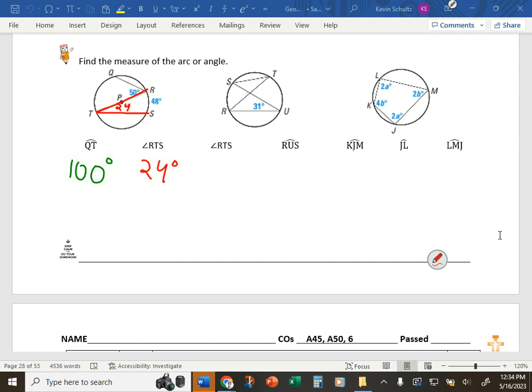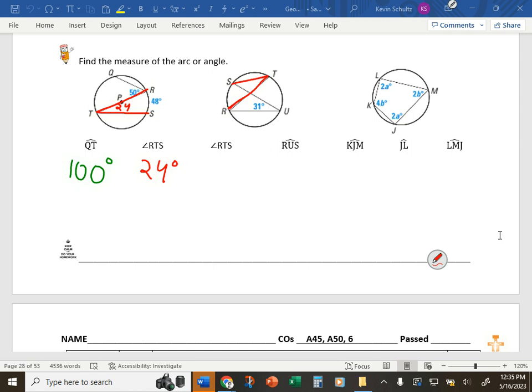Folks, the next one, RTS again, but a different RTS, different diagram here. Who can raise their hand and tell me what the measure of RTS is and explain why? Catherine, 31. And how'd you get that? Well, this 31 refers to RUS. I'm looking for RTS. Anthony.